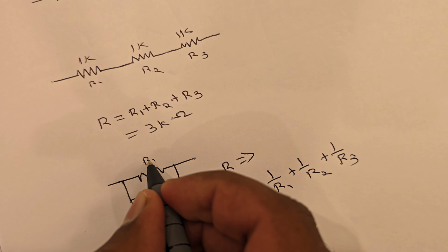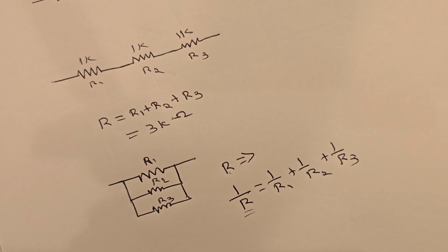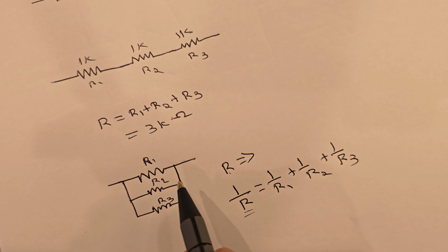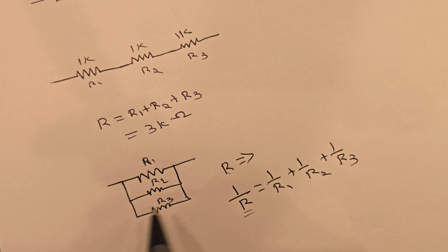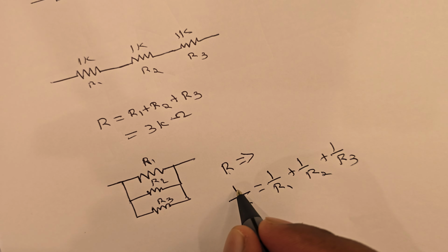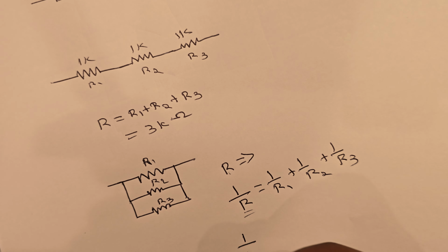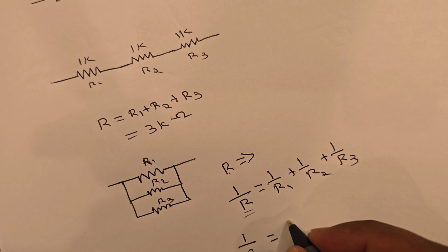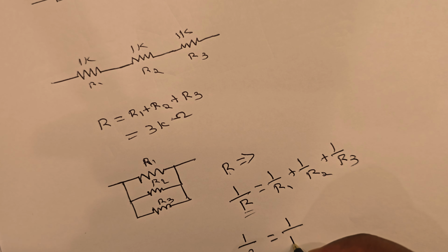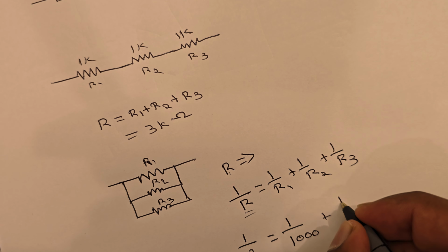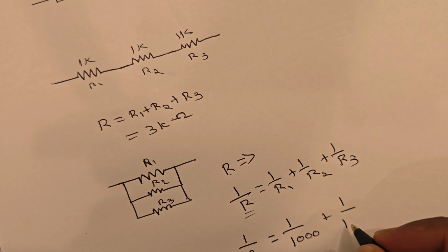Just before on the breadboard, we connected three 1 kilo ohm resistors in parallel, and we got 0.333 kilo ohm. That's what our multimeter read. How did we get that 0.333? See, the effective resistance is 1 by R. The first resistance R1 was 1 kilo ohm, which is 1000 ohm. The second one was 1000 ohm.